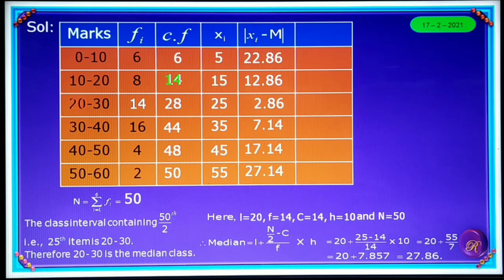Next column is for fi into absolute values of xi minus M. 6 into 22.86.